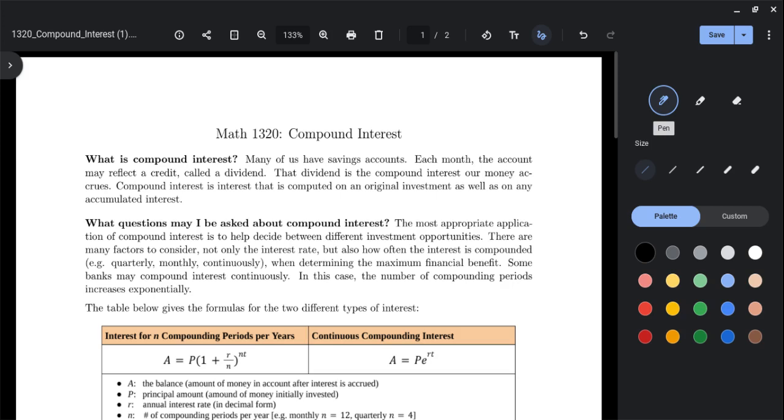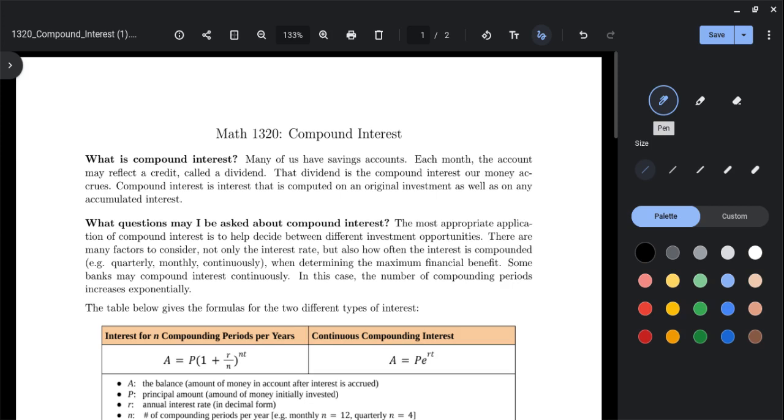So each month you might have something called a dividend that's credited to your account. And what that is, it's compounded interest that the bank pays you for banking with them. And so you could also have compound interest on credit card bills or student loans or other things like that.